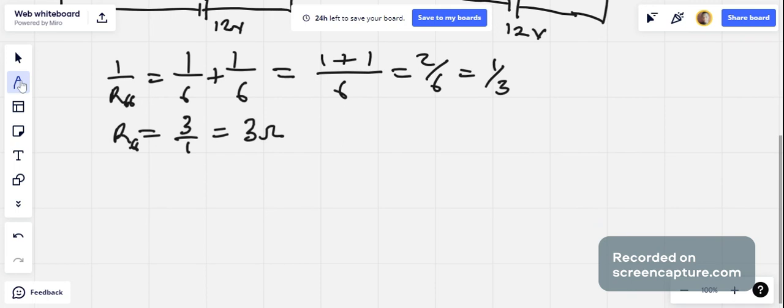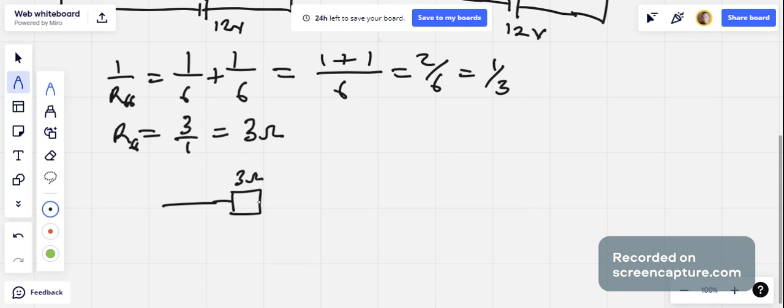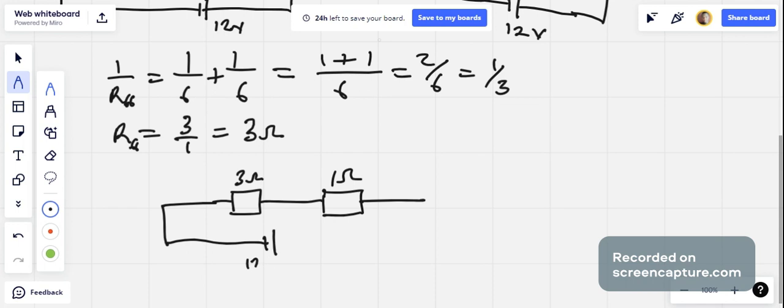With respect to that, I'll redraw the circuit again. This time, the parallel combination has changed to one resistor of 3 ohms. That is now in series with the 1 ohm resistor. And then here we have our cell that is 12 volts.